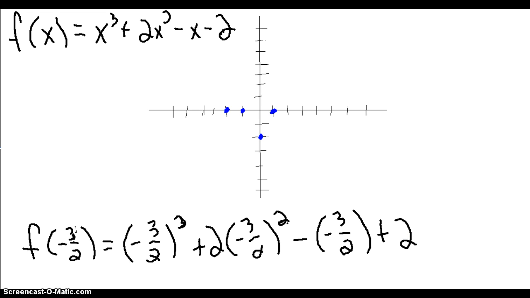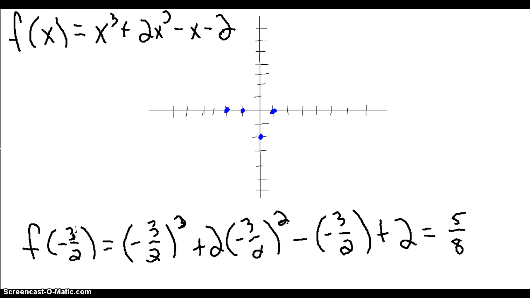Now I'm going to skip the math here. I'll let you evaluate this on your own, but if you evaluate the function at negative 3 halves, this should come out to 5/8. So that means when x equals negative 3 halves, the y-coordinate is 5/8.